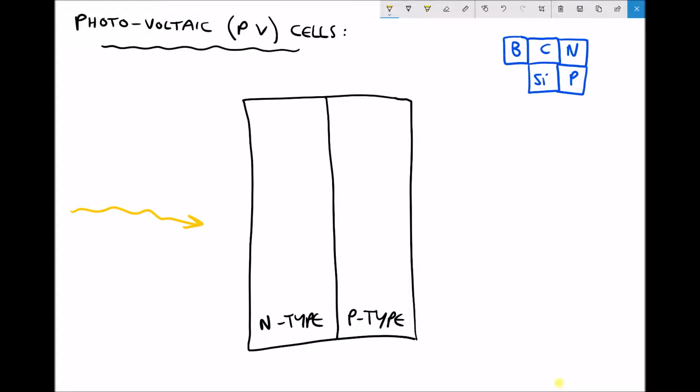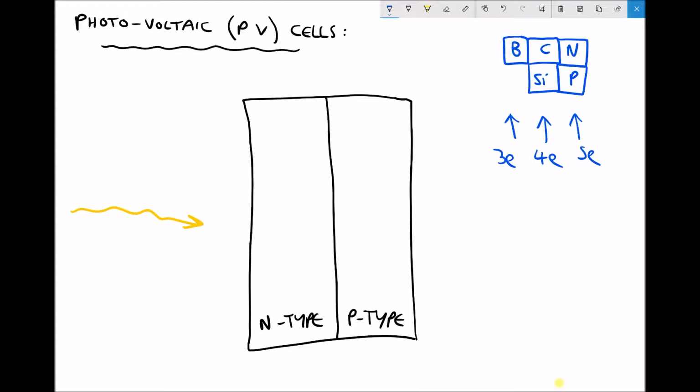And the way that that's achieved is through something called doping. Now, in the top right-hand corner, I've taken a couple of squares from the periodic table. And if you study the periodic table, then we know that carbon and silicon both have 4 electrons in their outer shell, whereas nitrogen and phosphorus both have 5 electrons, and boron only has 3 electrons.